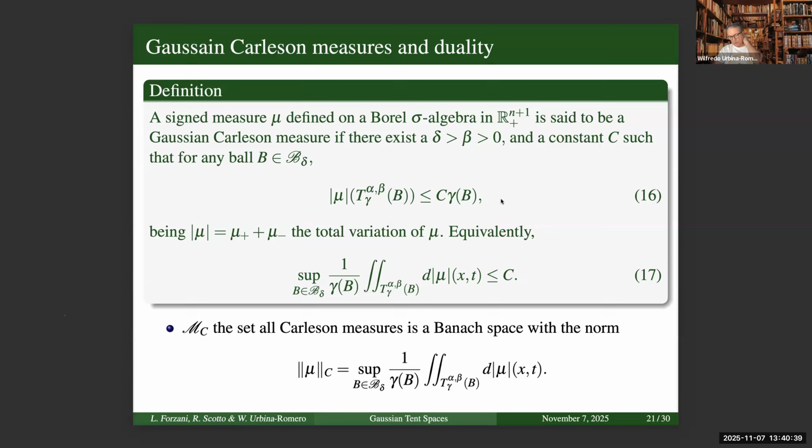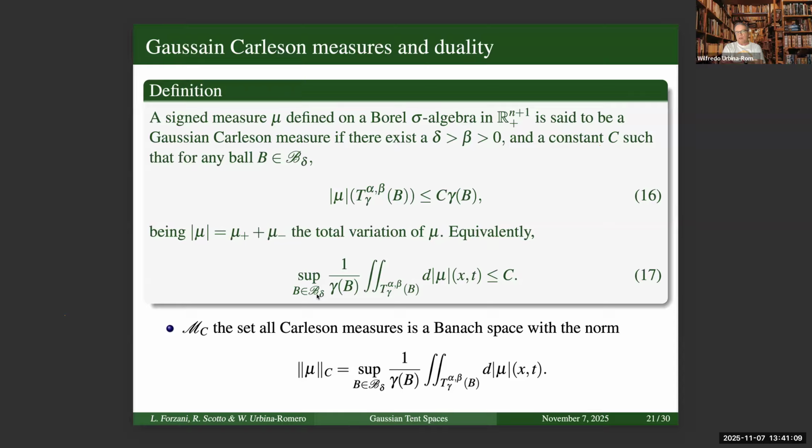Here this is the total variation, the absolute value of mu. This condition can be proved equivalent to considering this average over the tent based on B of the supremum over all B's in the admissible balls of level delta.